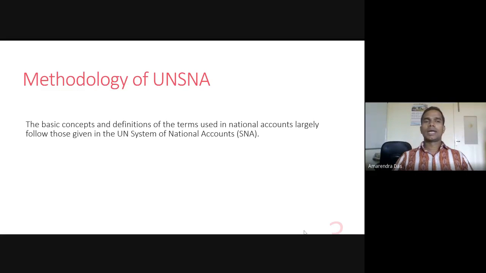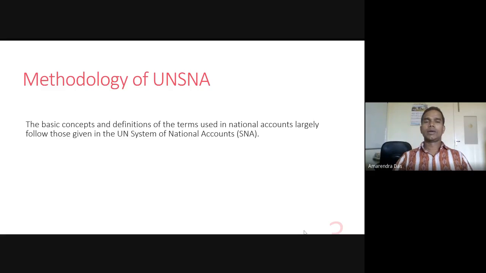So we should know that the methodology used by the CSO, that is Central Statistical Office or Central Statistical Organization, follows the method given by the United Nations System of National Accounts. And all the countries in the world follow the methodology given by the United Nations System of National Accounts, and that is why the GDP of different countries are somewhat comparable, because most of the countries follow similar methodology.